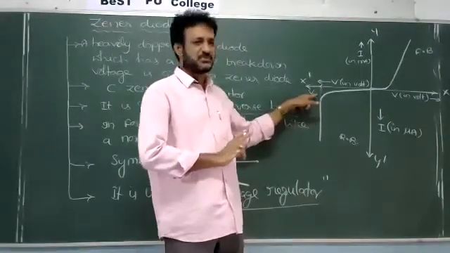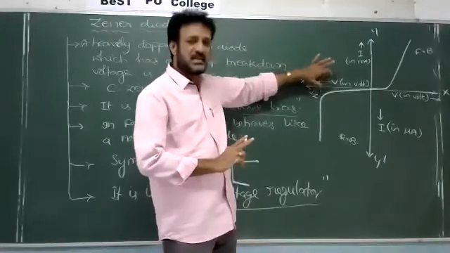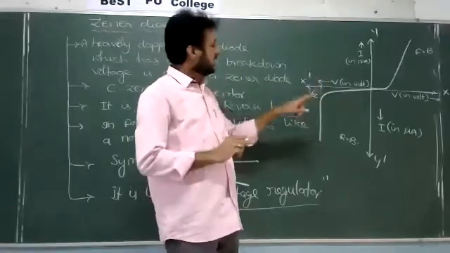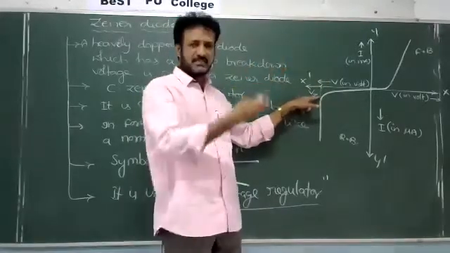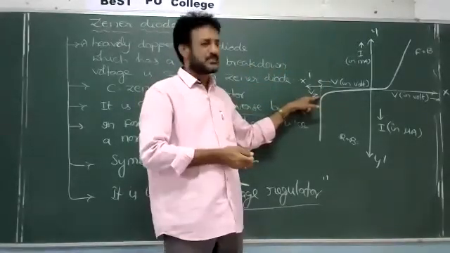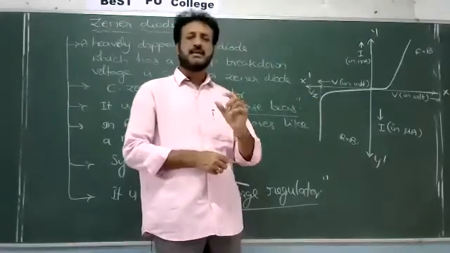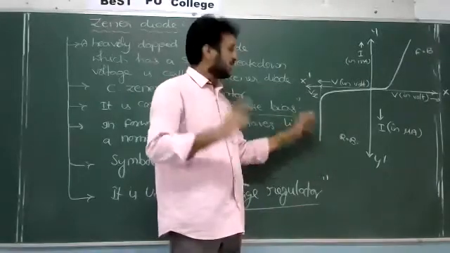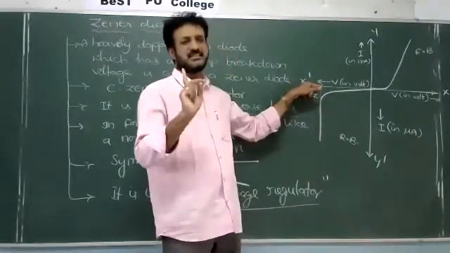But even though the current is increasing or decreasing, there is no change of breakdown voltage, no change of Zener voltage. So in this case, the Zener acts like a voltage regulator or voltage stabilizer. For example, in houses, suddenly the current increases, instead of 10 amperes, to 20, 30, 40, 50 amperes. But even though the current is increasing, the voltage is constant.